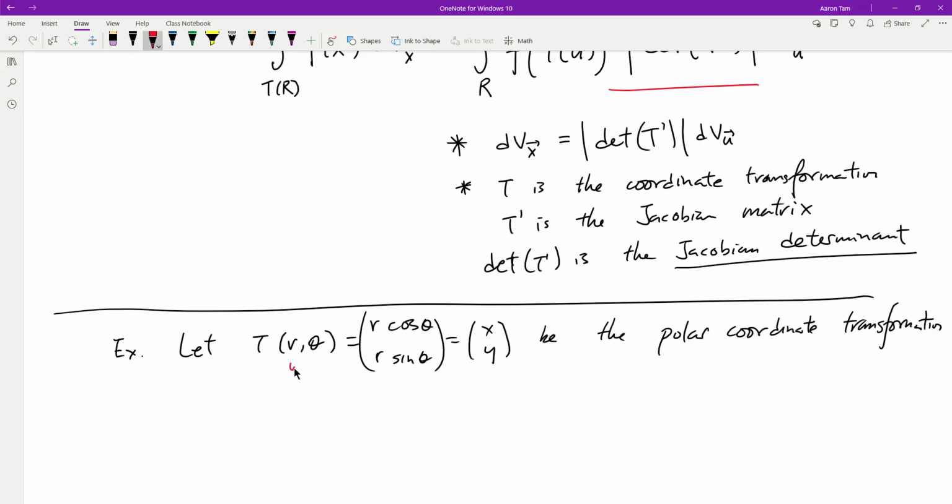So essentially, this is my vector u, this is my vector x. That's basically what it is. What I'm going to ask you to do is go and try to find its Jacobian determinant.